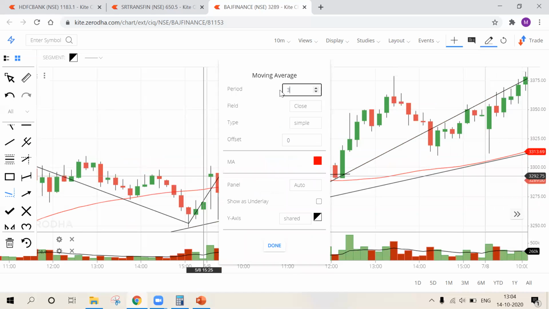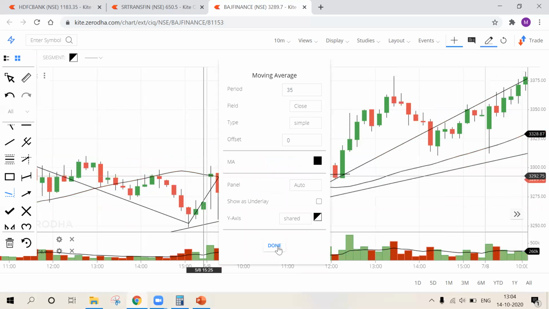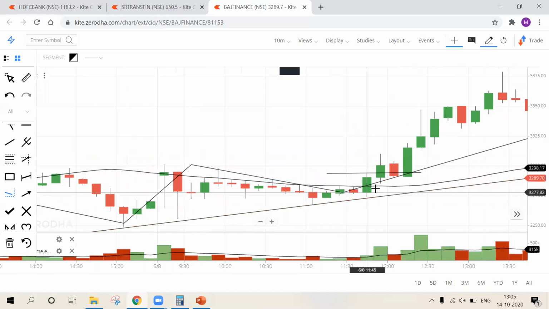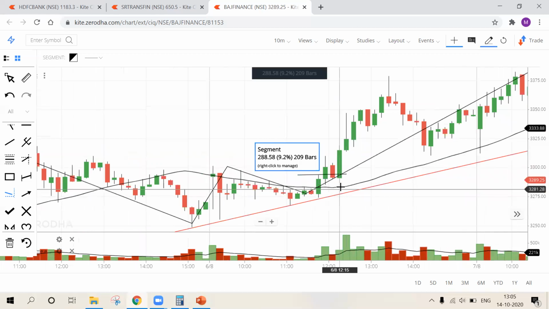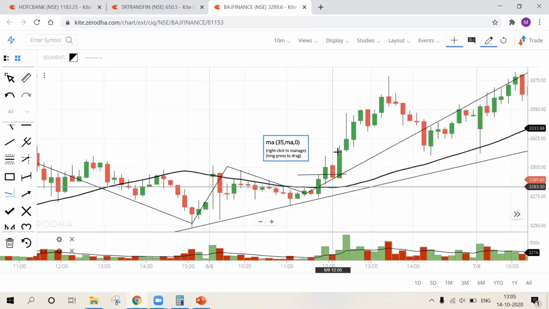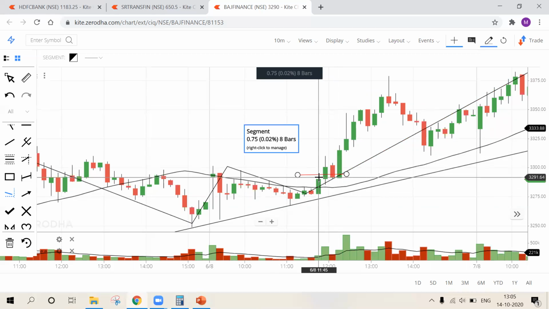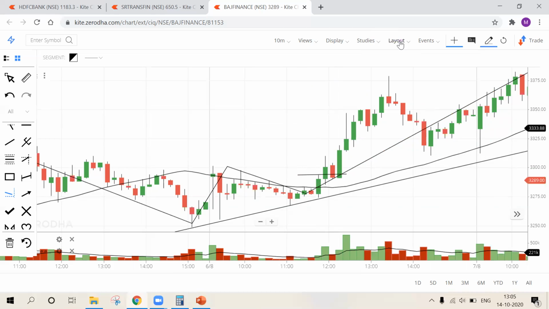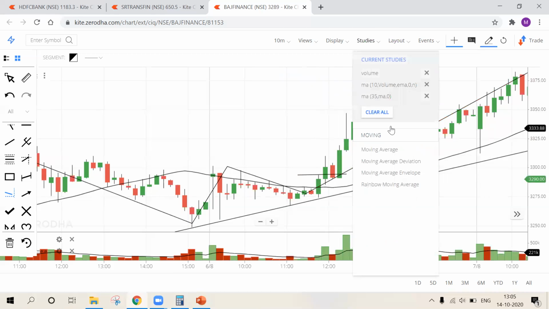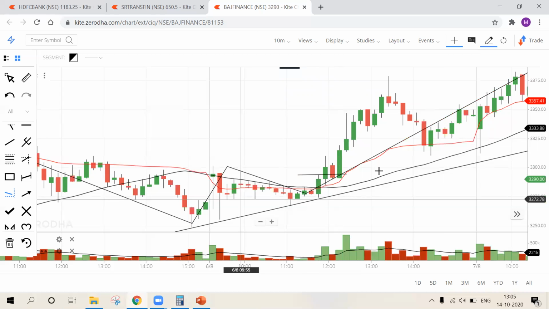Moving average 35, and the color is black. Done. We are getting confirmation from the moving average as well. The moving average is asking us to make a buy position because candles are above the moving average. So the moving average is also done. The next confirmation is VWAP. You can also ignore VWAP in this strategy, but if you are getting confirmation from VWAP, then it will become more stronger.